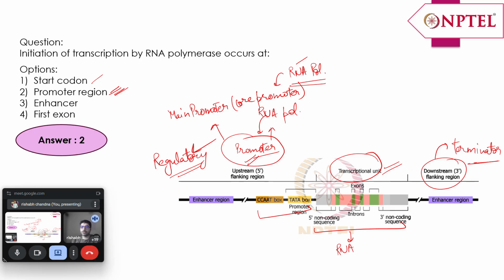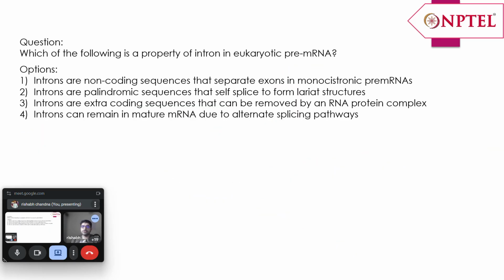Okay, let's move on to the next question. Which of the following is a property of introns in eukaryotic pre-mRNA? So, what can be the correct answer?